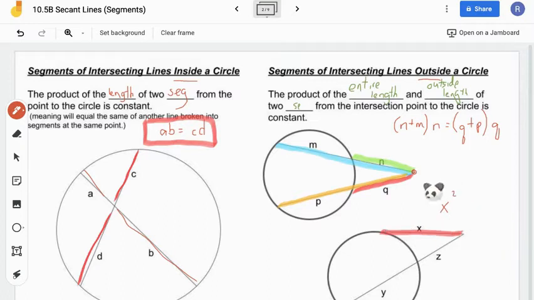Well, x times x is x squared, right? So it's the same idea, but it looks a little bit different. Times y plus z, that entire length, times z, the piece that's outside. Okay, so these are our equations that we're going to be using and working with here. So let's go ahead and take a look at some examples.